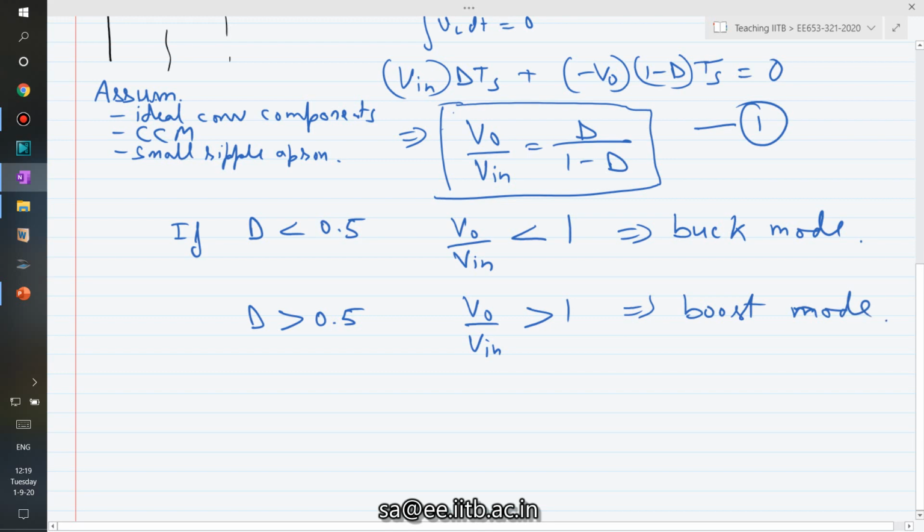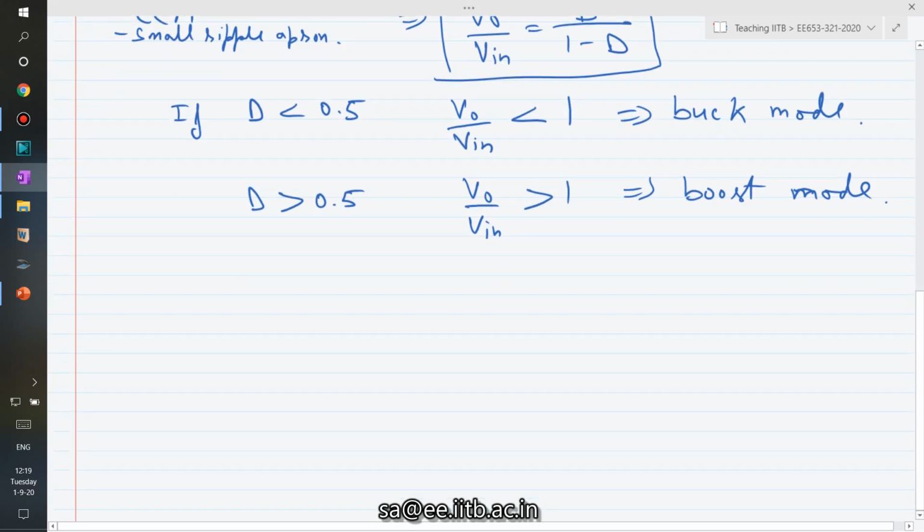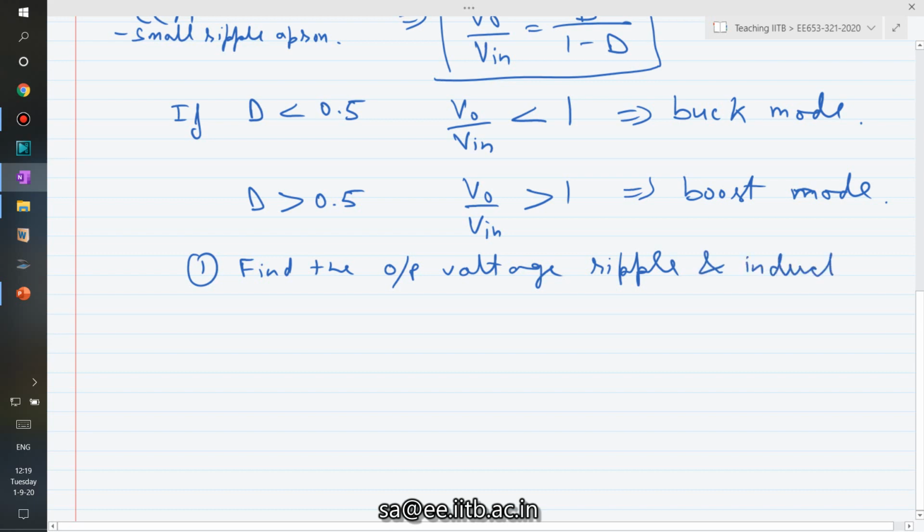Now, there are a few things I would want you to do. First is find the output voltage ripple and inductor current ripple.